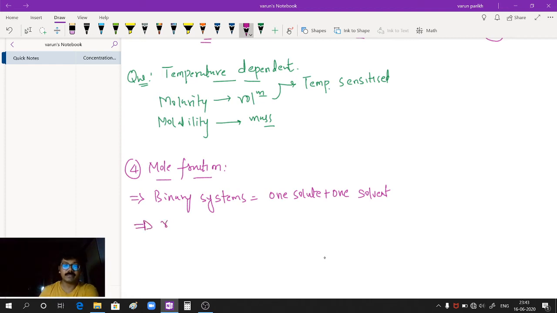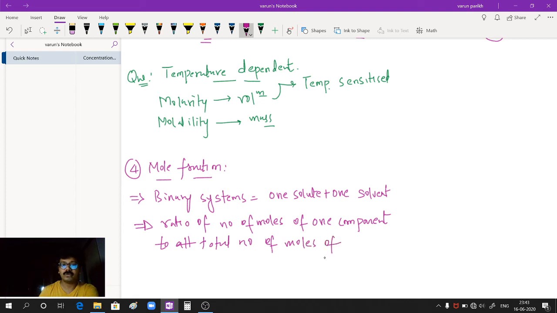So what is the definition? The ratio of the number of moles of one component to the total number of moles of all components is known as mole fraction.